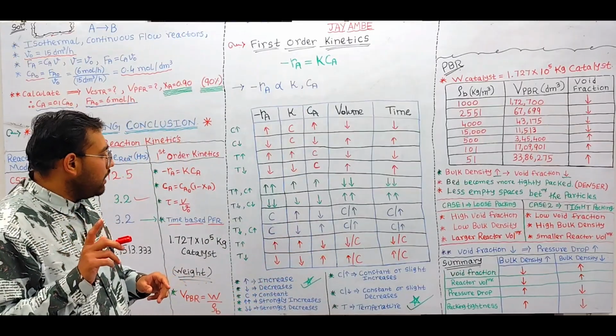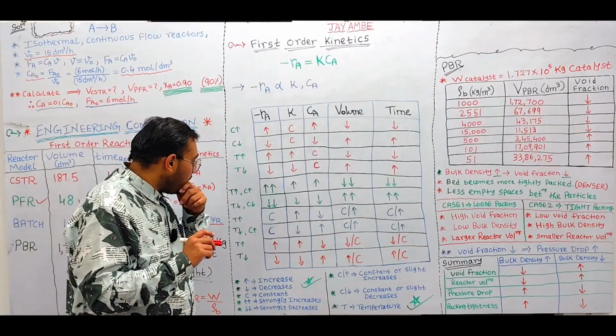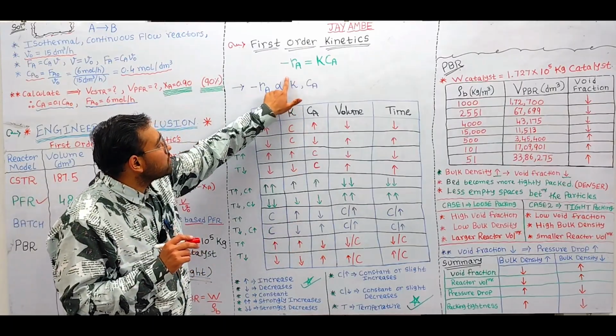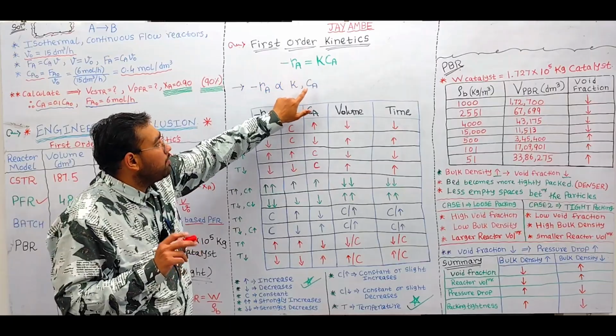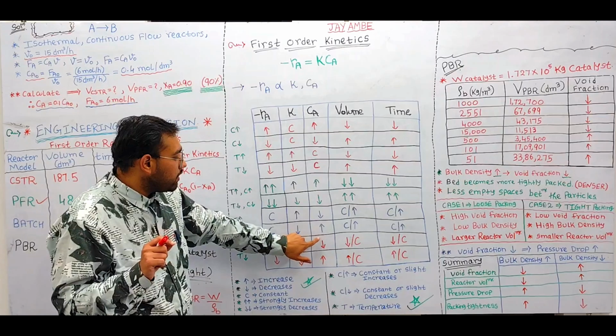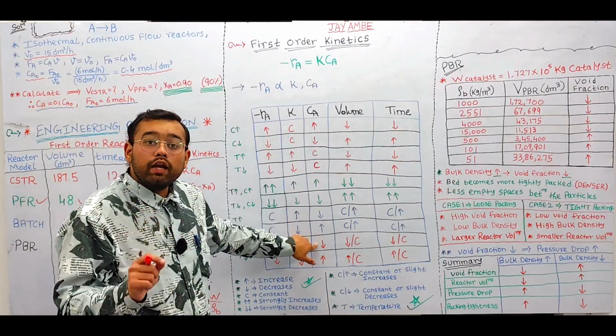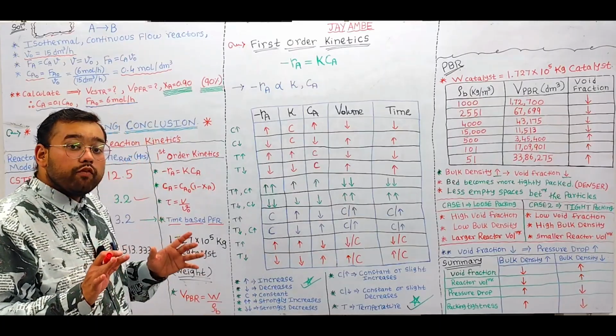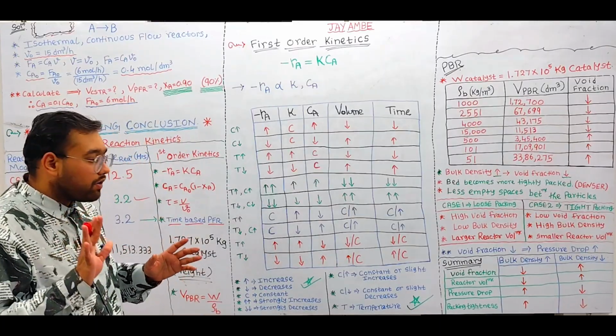Please listen carefully. In the ninth part I am increasing the rate constant value and slightly decreasing the concentration. This down arrow indicates the slight decrease in the concentration. So there is a very minimal decrease in the concentration.